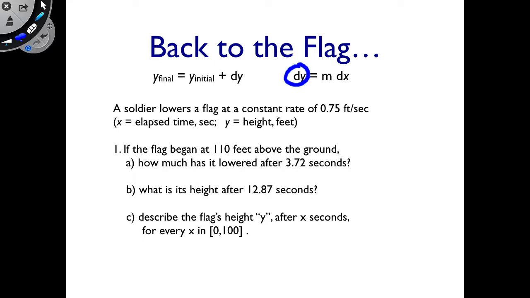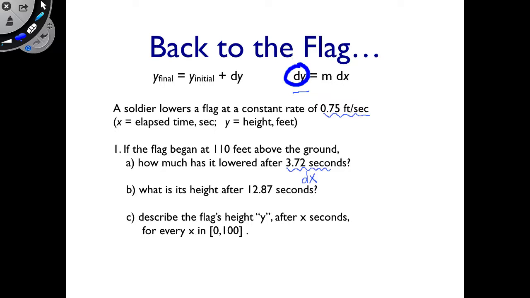So if I want to calculate dy, or express dy, maybe not actually do the computation, but figure out what this change in height is, I've got a constant rate of change of 0.75 feet per second. After 3.72 seconds, 3.72 seconds is a value of dx, how much the time has changed, in this case since the start, so it would actually also be a value of x.